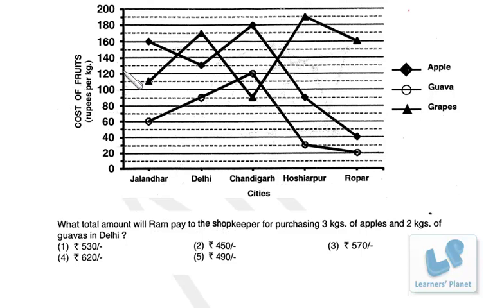So 3 kilogram will be 390. 3 kilogram of apples, that's in Delhi it's 130 per kilogram, so 3 kilogram will be 390, and 2 kilogram of guavas, so that's 90 into 2, 180, right? 90 rupees per kilogram is the price of guava in Delhi, so for 2 kilograms it is 180. So in all it is 570, right?